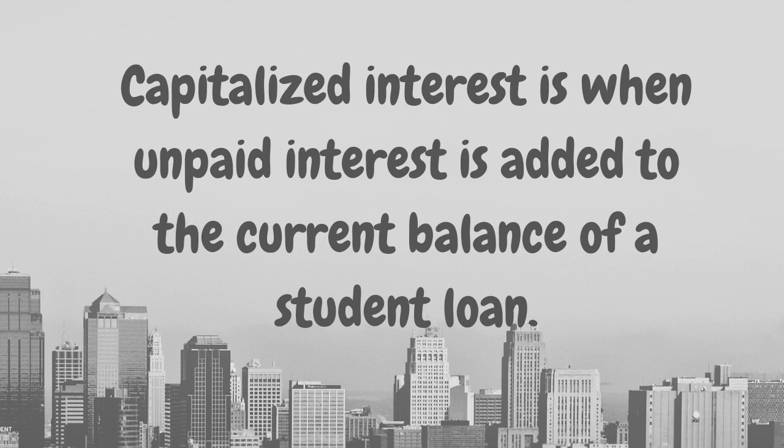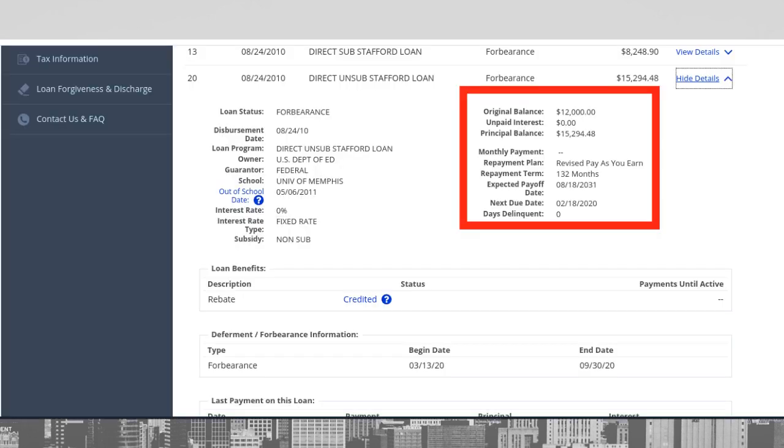And I have an example for you guys from my Fed loan account. And this is my largest loan. I actually took this loan out August 24, 2010. But I graduated May of 2011. So, you get that 6-month grace period and all of that.